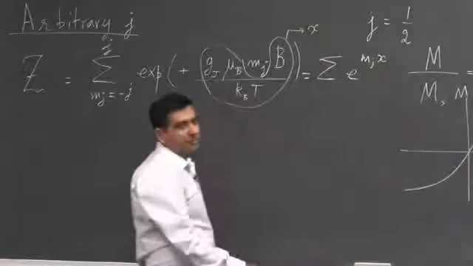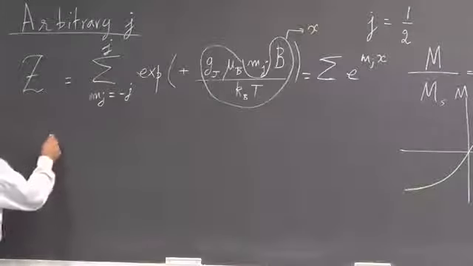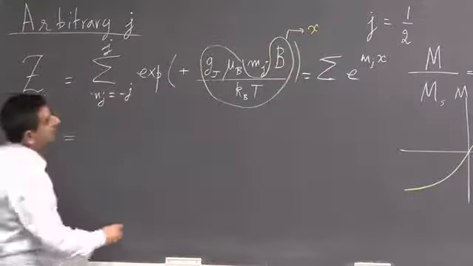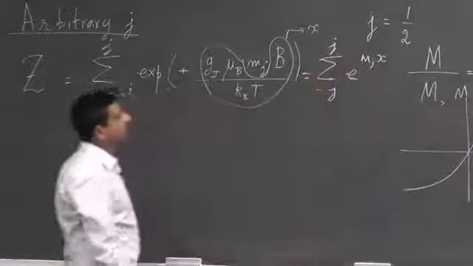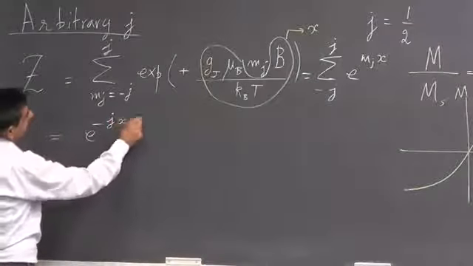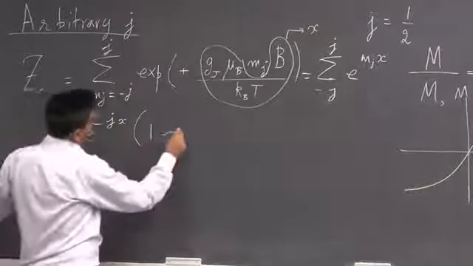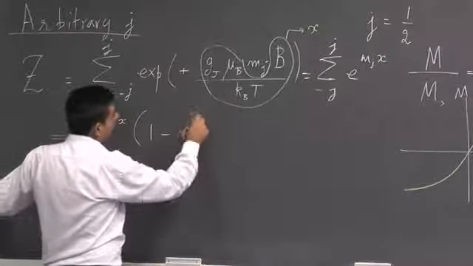So it's a finite geometric progression. And this turns out to be equal to, the lowest value is minus J, the topmost value is J. So this turns out to be e raised to the power minus Jx, times 1 minus e to the power of (2J plus 1)x, since there are 2J plus 1 terms, divided by 1 minus e to the power x.